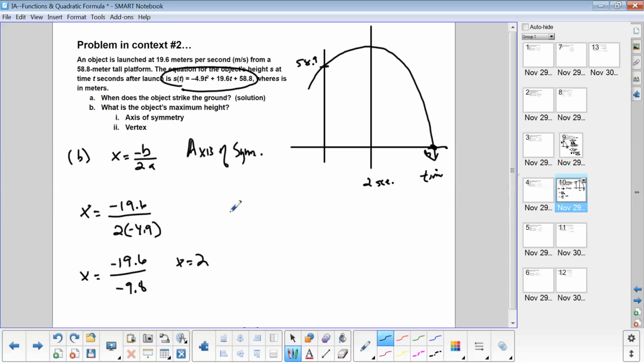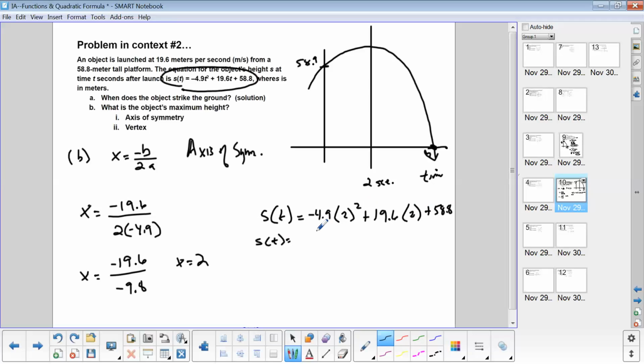Well, what you can do is then, especially using your calculator, substitute 2 wherever you see a t into your equation, and you find your result.